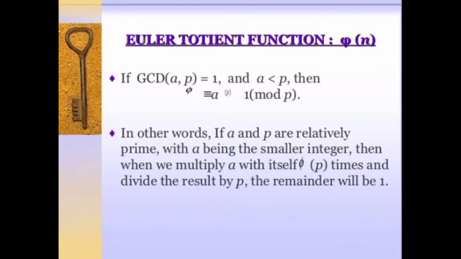If GCD of a and p is equal to 1 and a is less than p, then a raised to the power of phi of p is congruent to 1 mod p. In other words, if a and p are relatively prime with a being a small integer, then when we multiply a with itself phi of p times and divide the result by p, the remainder will be 1.